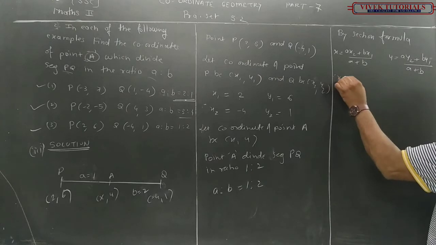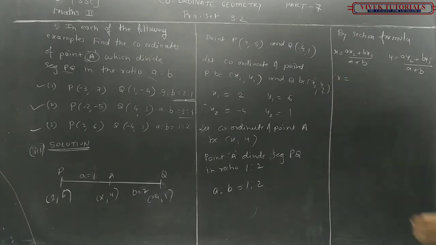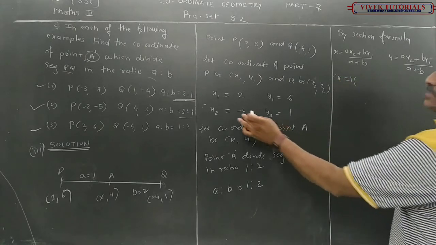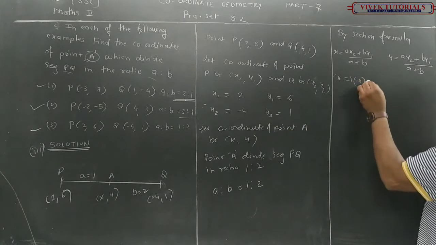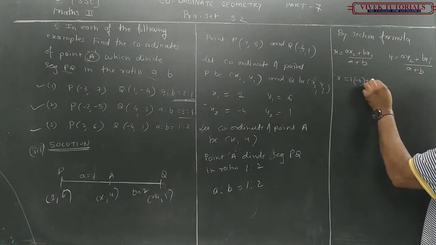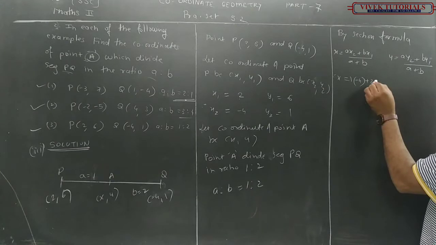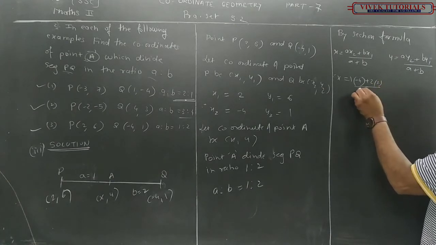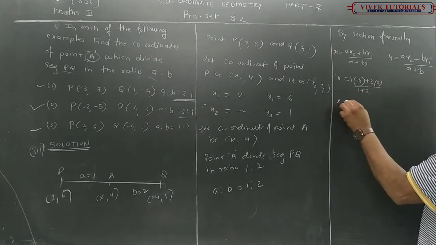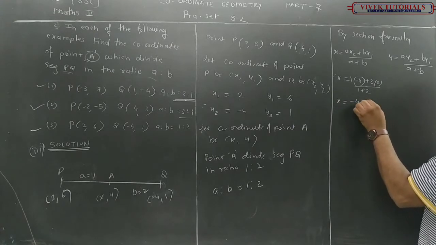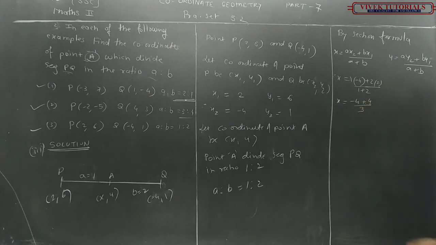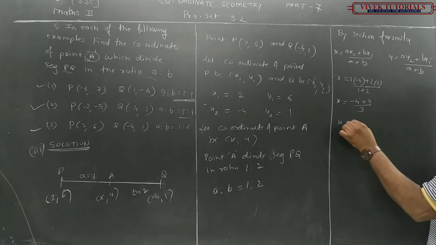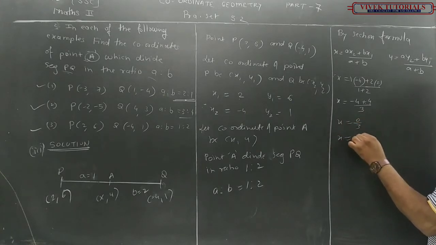Therefore, x is equal to: the value of a is 1, x2 is -4, the value of b is 2 and x1 is 2, upon 1 plus 2. So x is equal to (-4 plus 4) upon 3. So the value of x came 0 upon 3, and x is equal to 0. Okay?